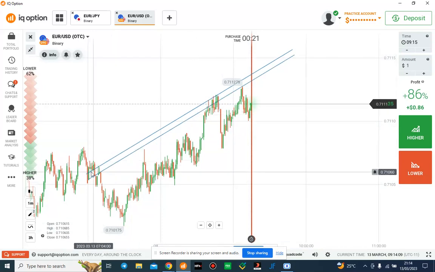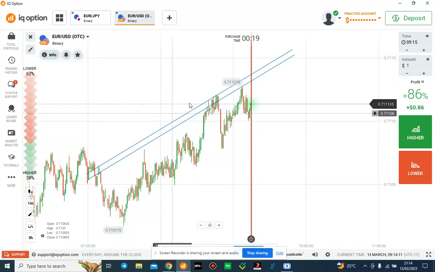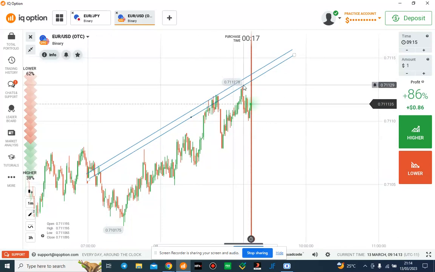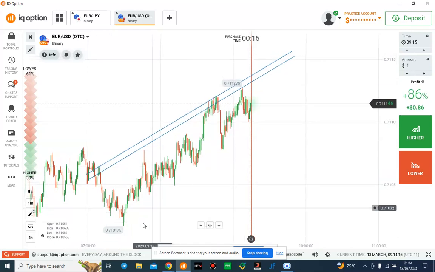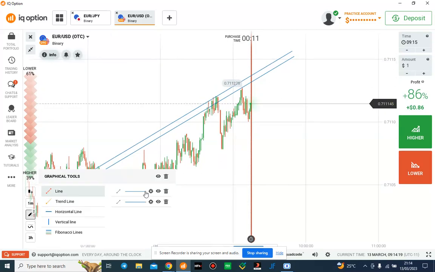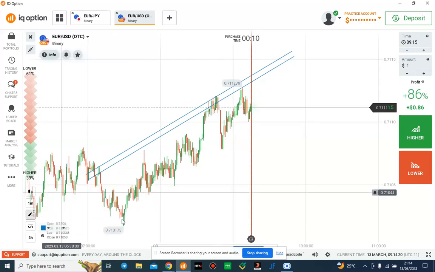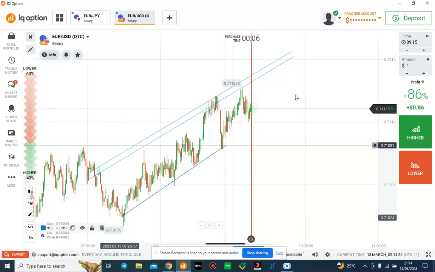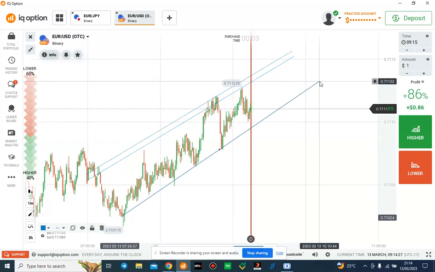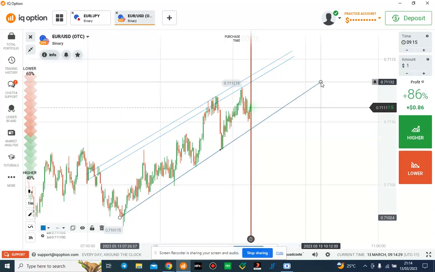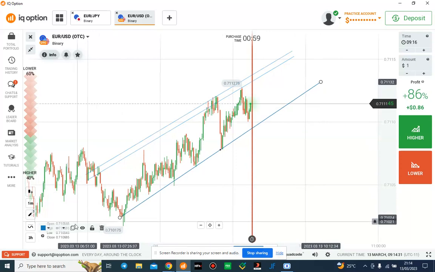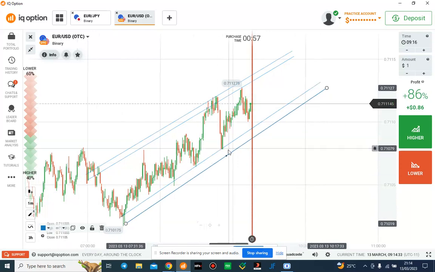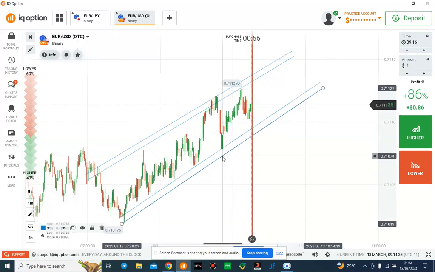Okay, you can see this is a resistance, here also a resistance, and here also a resistance. Then the support, let's draw the support. You can make use of two lines.